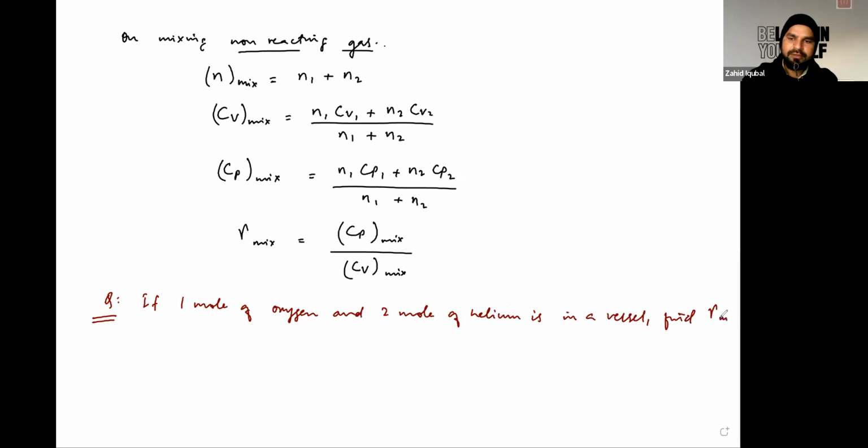Find gamma of mixture. According to the above concept, first we have oxygen. The number of moles of it is 1, so N1 is 1, and second is helium, so N2 is 2. So oxygen is monoatomic or diatomic?